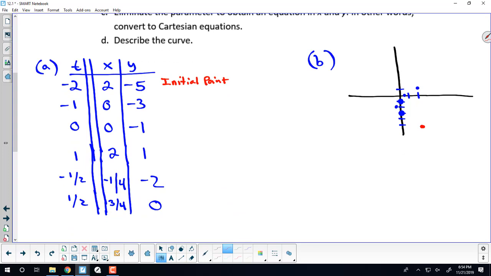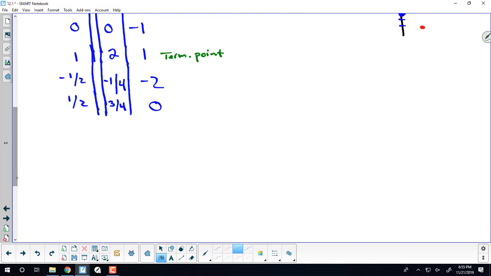So this is our ending point, 2, 1. So we know whatever it is, where it starts and stops at least. So let's look at part C so we can try to determine what this actually is. So we had x was t squared plus t, and y was 2t minus 1.